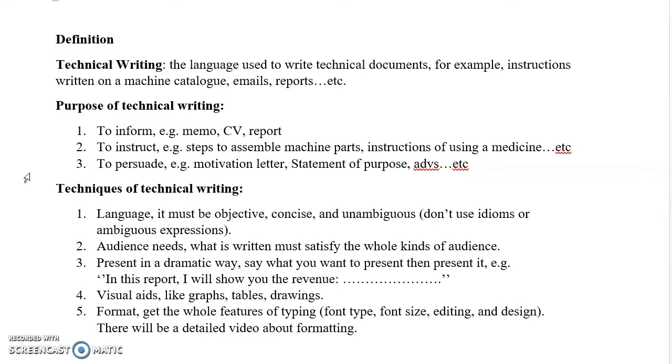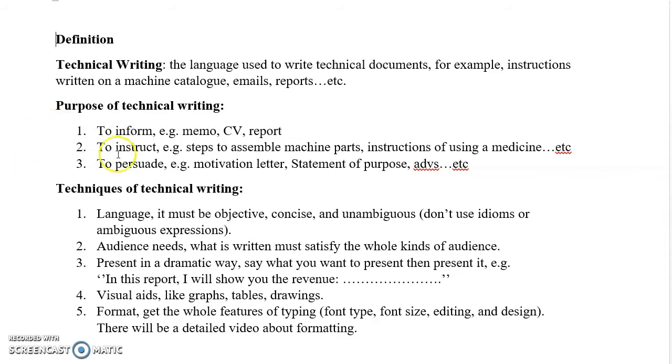In reports, I will let you know about, for example, a monthly report about the job or about the project. So I will provide you with some tables, documents, instructions, numbers, statistics inside this report. So technical writing aims to inform others of some data or some information.